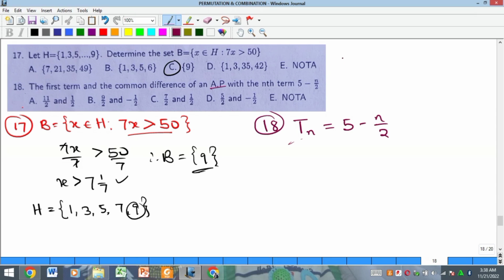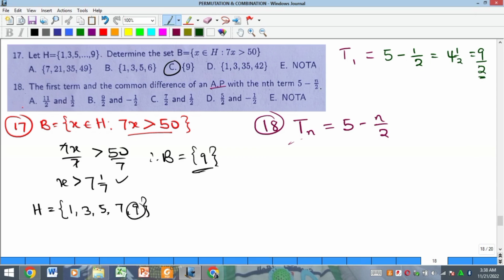Now they ask us to find T1, that's the first term, and the common difference. T1 here means that anywhere I see n, I should call it 1. And that's going to give me 5 minus 1 all over 2. And when you subtract this, you have 4 over 2, which is actually the same thing as 9 over 2.